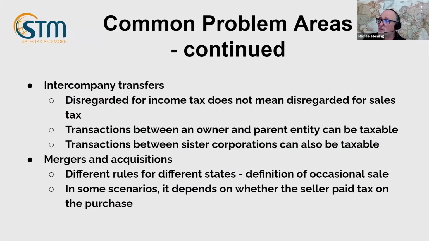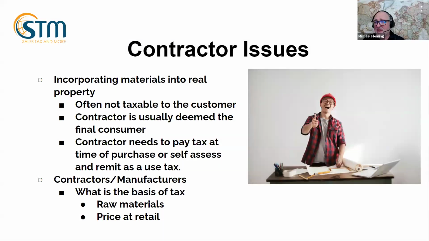All right, so now we're going to talk about the contractor issues. With contractors, it gets confusing because I can be incorporating tangible personal property into real property, and it doesn't become a part of the real property. Say a dishwasher, generally that's going to retain its characteristics of tangible personal property.